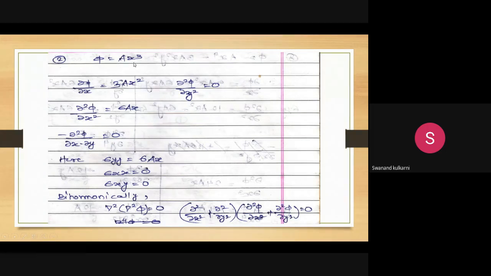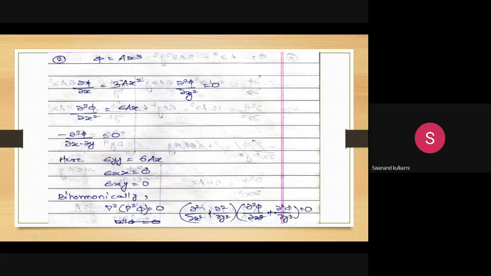So let us check this. Phi is equal to ax cube. Let us differentiate with respect to x. We will get dou phi by dou x is equal to 3ax square. Once again differentiate with respect to x, that will become dou 2 phi by dou x2, and it will become 3 into 2, 6ax.